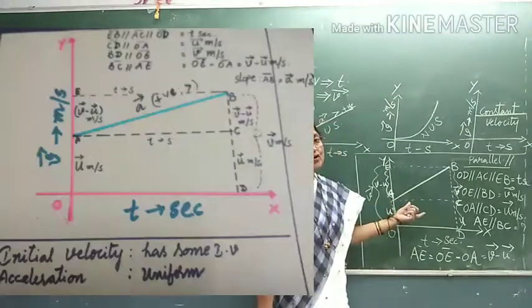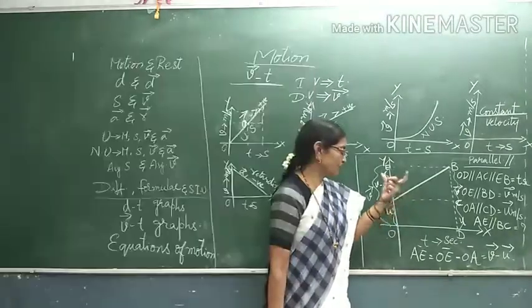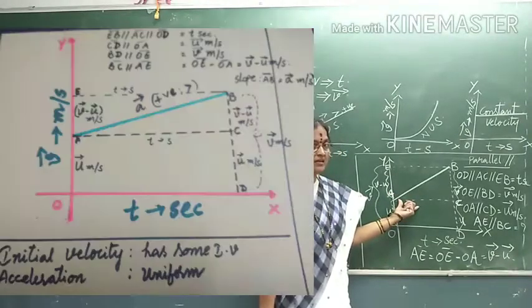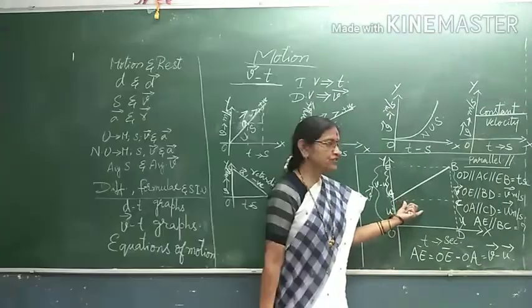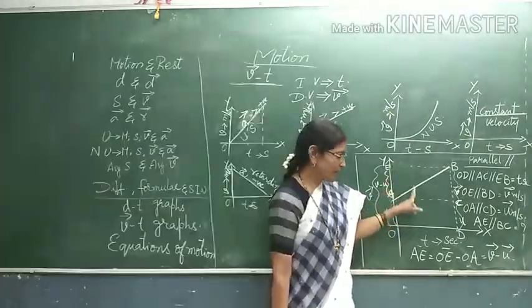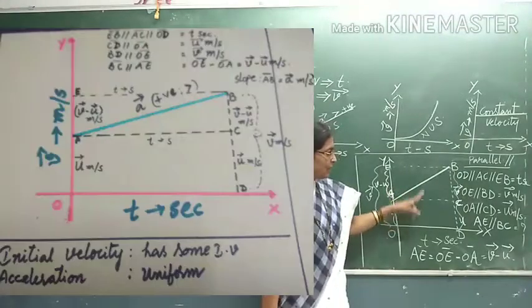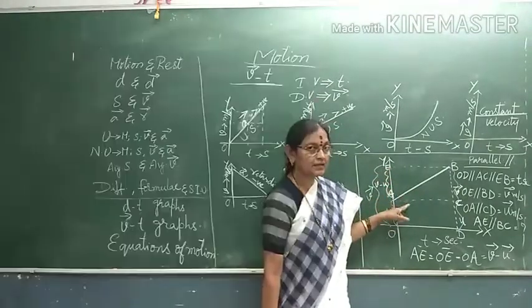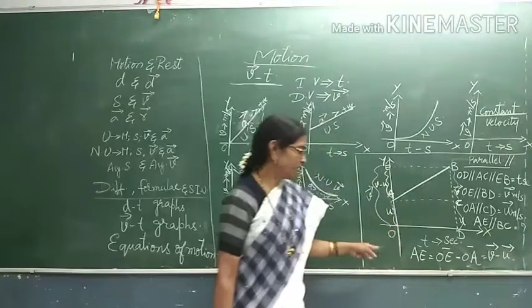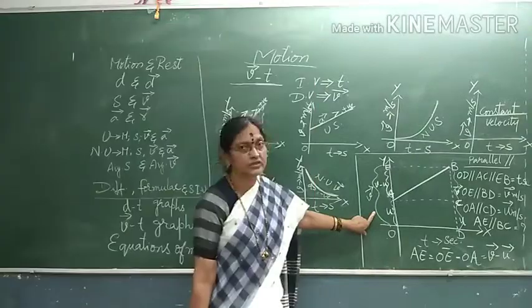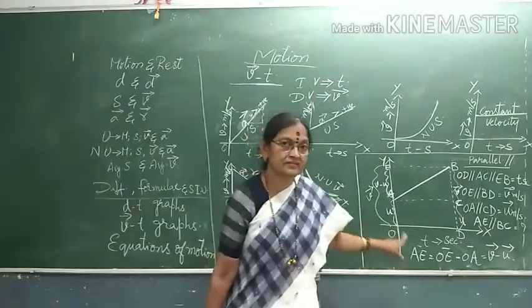It carries 1 mark in any question. If an equation to derive is given, 1 mark will be given for the graph only. So again see carefully, learn, and note it down in the book. Thank you children. Thank you very much.